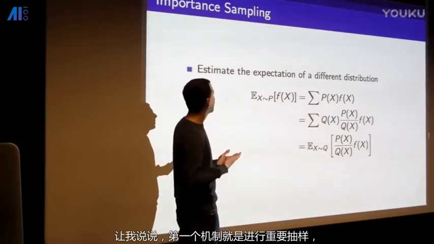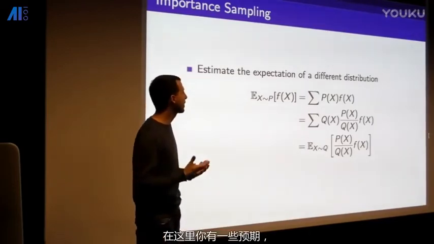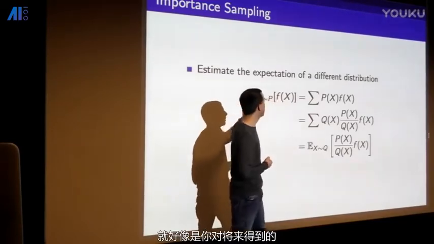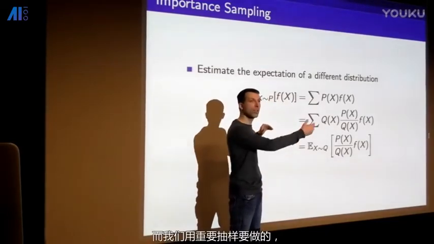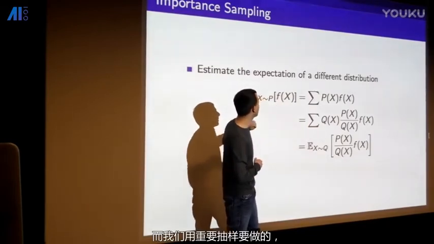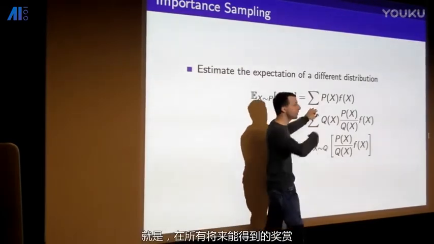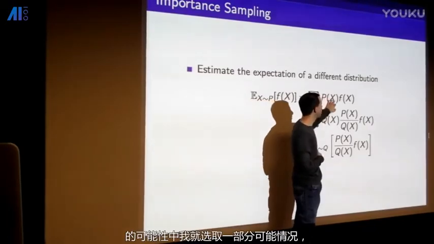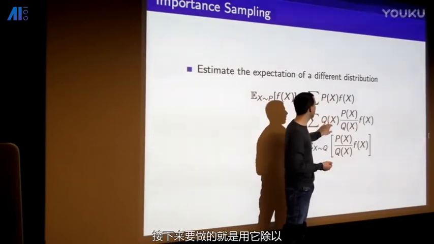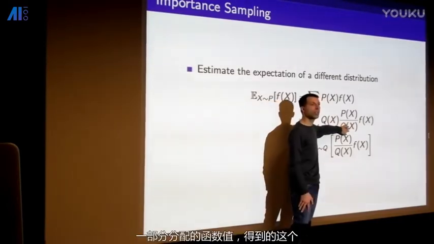So the first mechanism is to basically do importance sampling, and the main idea there is to take this expectation. There's some expectation, like your expected future reward, and all we do with importance sampling is to say an expectation over, say, your future reward is just to sum over some probabilities times, say, how much reward you got. And now what we can do is just multiply and divide by some other distribution.